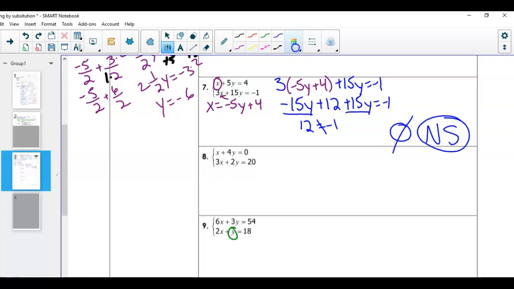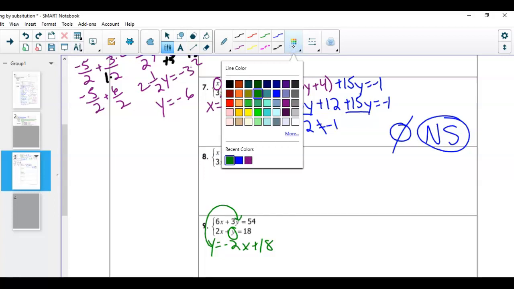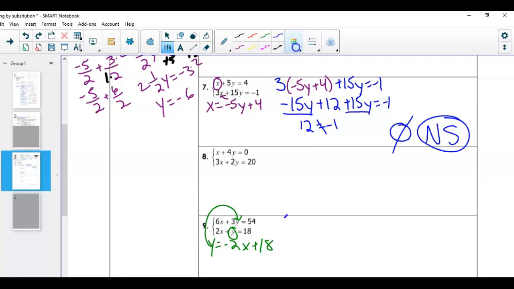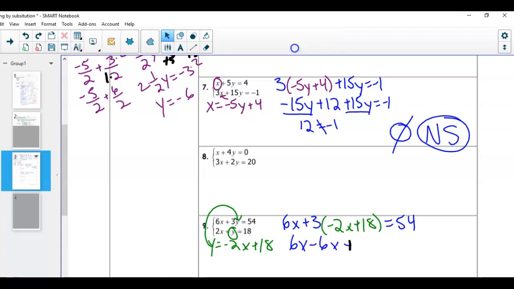I'm going to solve for that y and put this equation into the original or the other equation that has y. 6x minus 6x plus 54 equals 54.